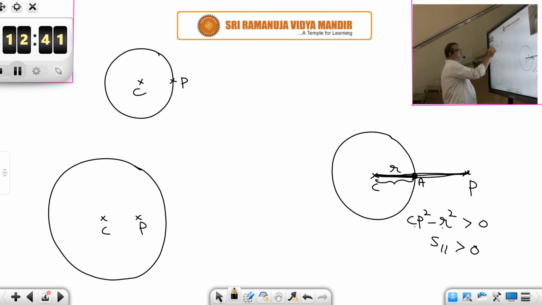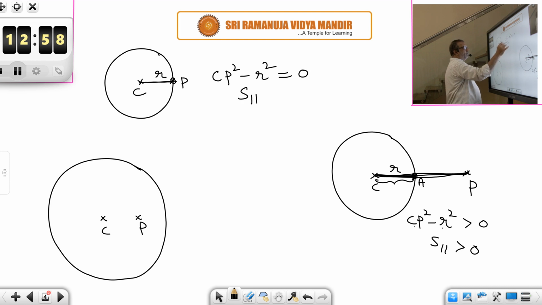The second case, here when the point P is on the circle, Cp and R both are same. Because point P is on the circle, Cp is just equal to R. Then what is Cp square minus R square? Cp and R are equal, you will get 0. But Cp square minus R square, power of the point, is also equal to S11. So S11 is equal to 0. So that is very clear, because the point P is x1, y1, the circle is S equal to 0.